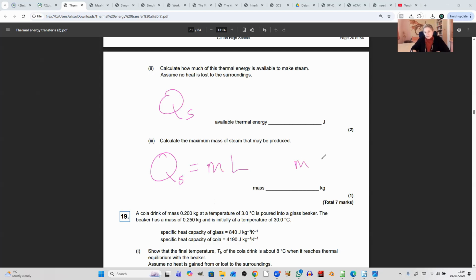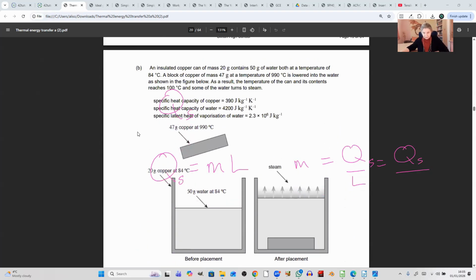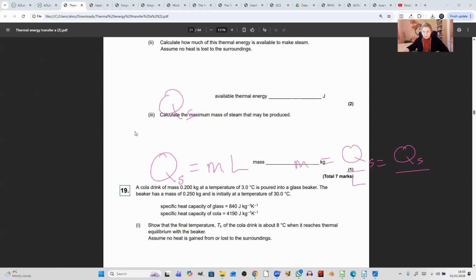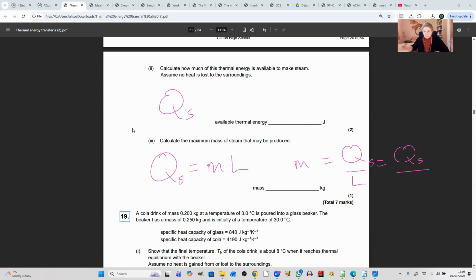So you can get m is equal to Q over L, whatever your Q is for the steam, divided by the latent heat for steam, which is an enormous number, 2.3 times 10 to the 6. So we end up dividing it by 2.3 times 10 to the 6, and you'll get some number of grams. This is the mass of the steam, which should be less than the 50 grams of water.